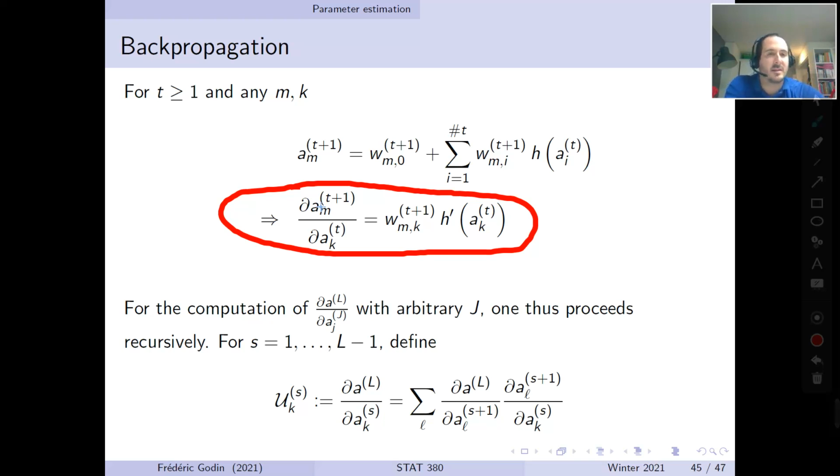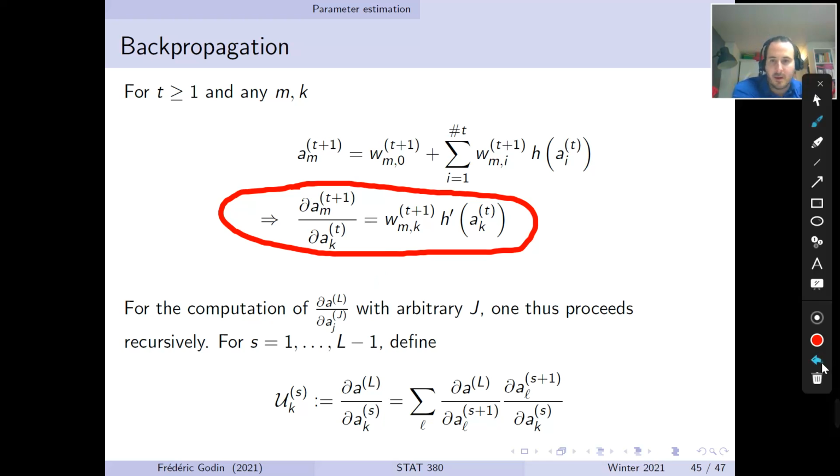If you want to successfully implement these things, it's important that you understand each of these details. So we have this relationship here, which gives the partial derivative of any activation of the next layer with respect to any activation of the previous layer.